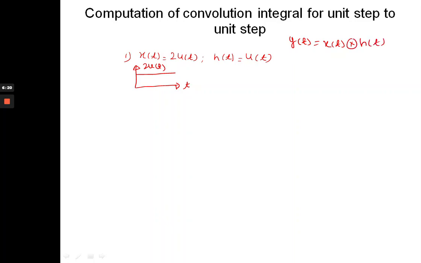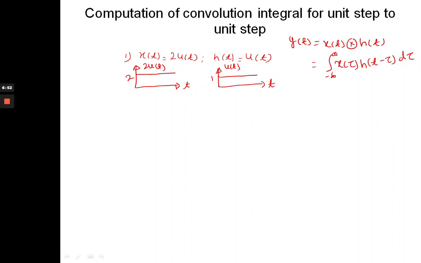The meaning of this is the integral from minus infinity to plus infinity of x of tau into h of t minus tau d tau. Here we will use the dummy variable tau. The first signal has magnitude 2 and the second signal u of t has magnitude 1.